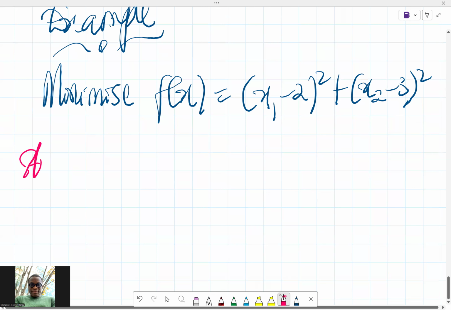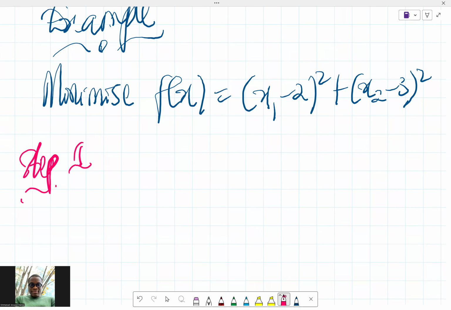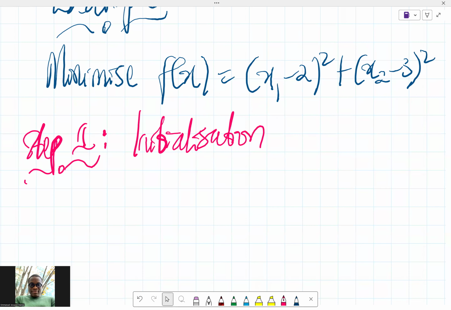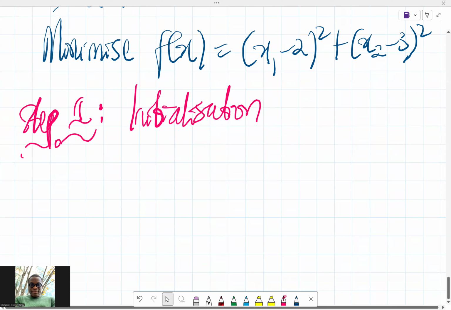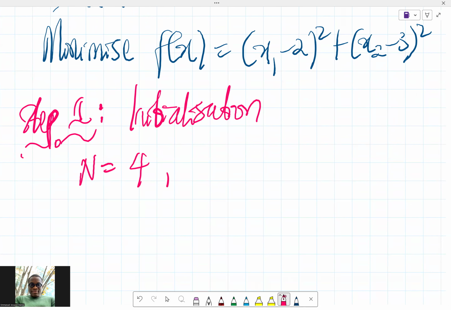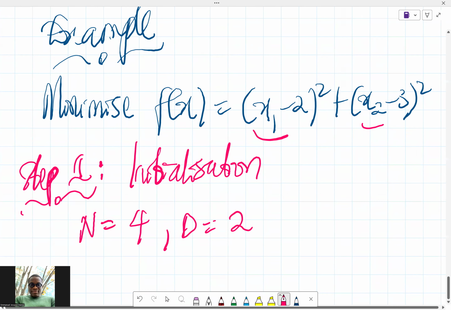So here we go for step 1, initialization. We assume a population of size 4, so n is equal to 4. That's the population size. And the dimension is 2.